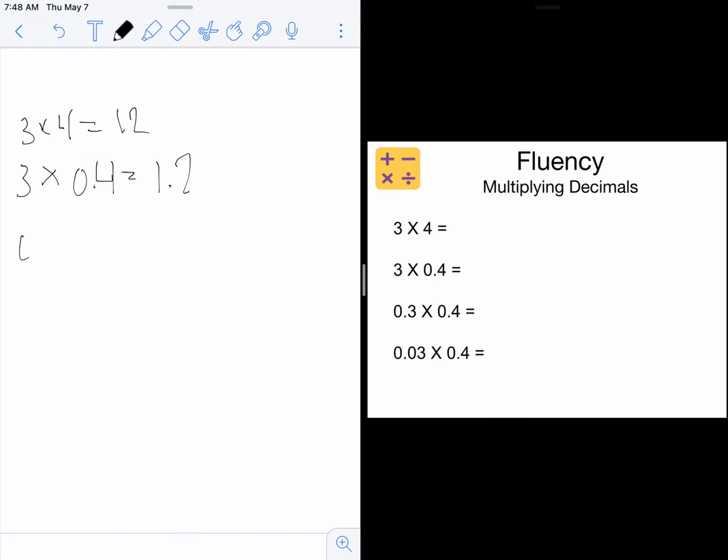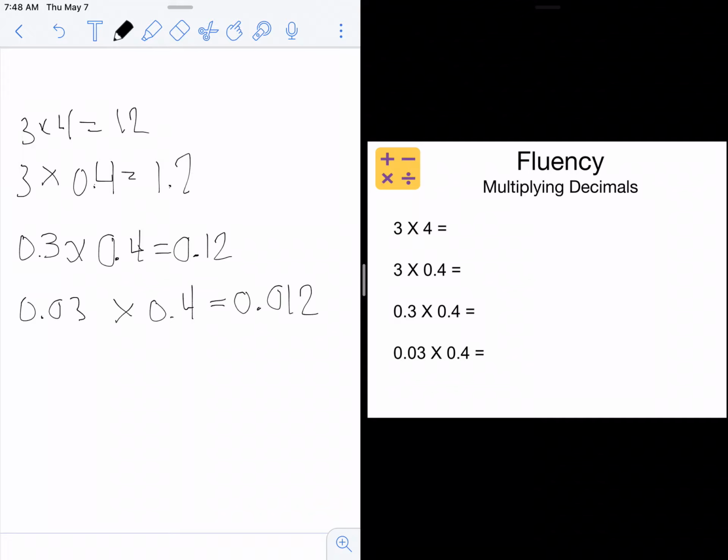And then we have 3/10 times 4/10, which equals 12/100. And 3/100 times 4/10, which equals 12/1000.